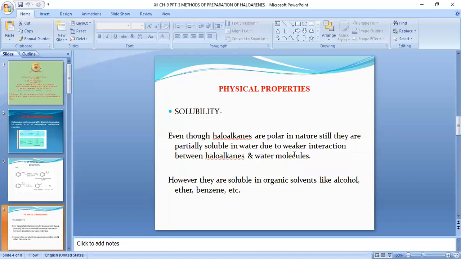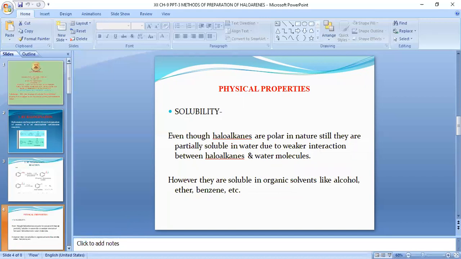Since they are not completely interacting, the haloalkanes are not completely soluble in water, but they are soluble in organic solvents like alcohol, ether, benzene, etc.